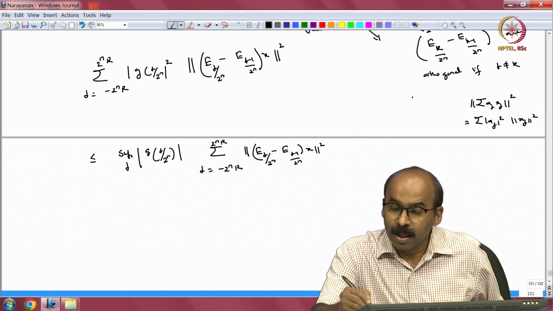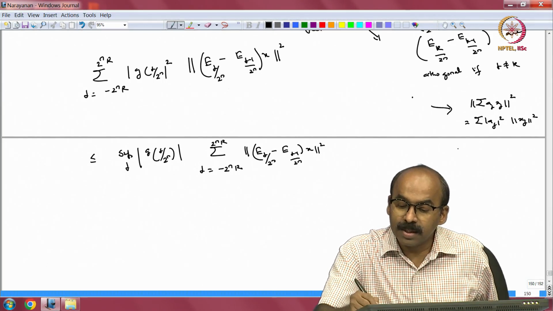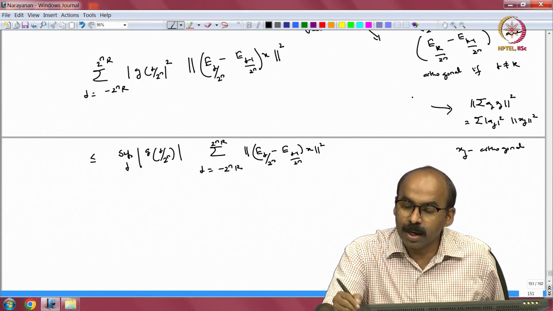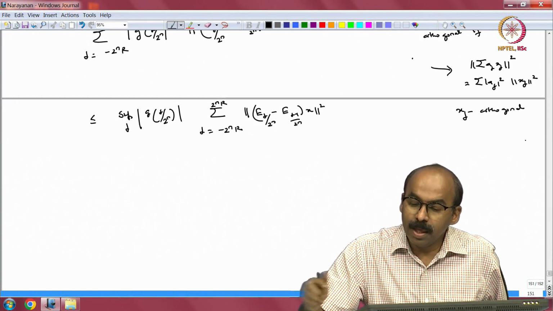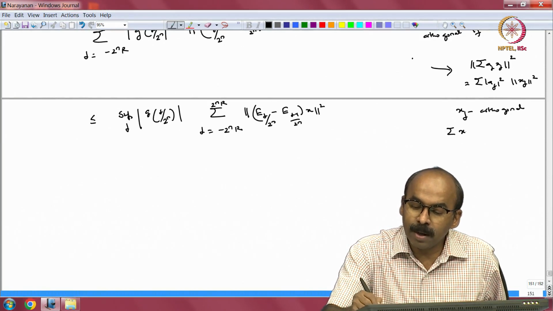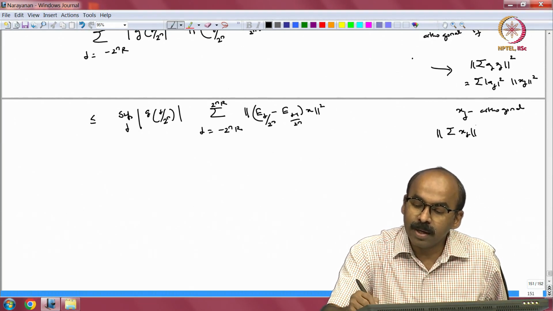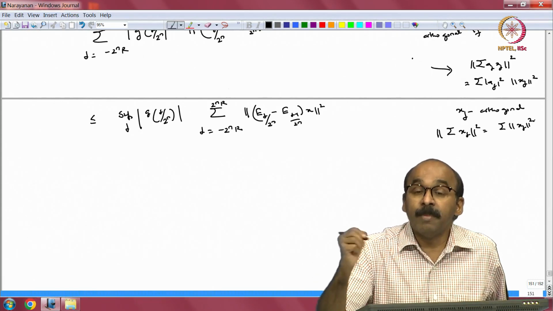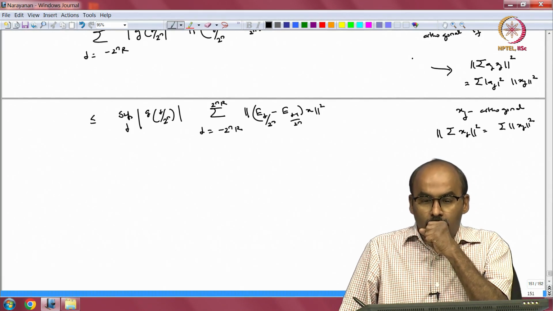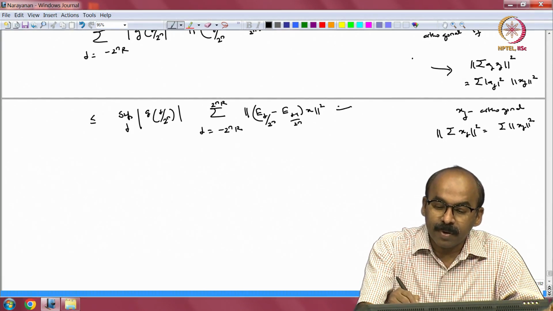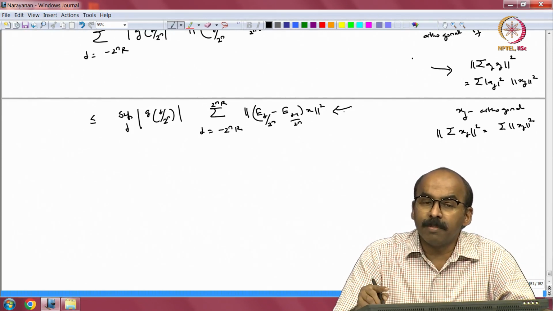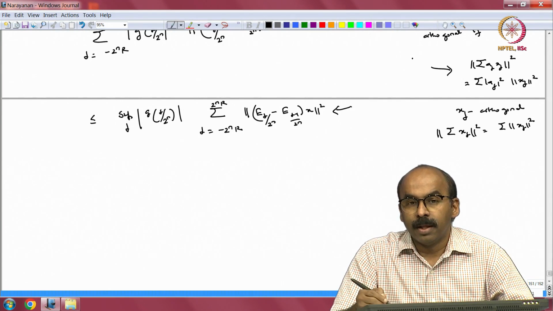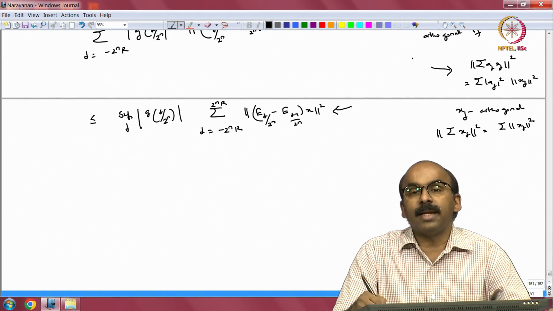If the x j are orthogonal, then the norm square of the sum of x j is equal to the sum of the norm squares. I have such a situation here: these vectors are orthogonal and I am summing up the norm squares of them. So, you sum up first and then take the norm square.